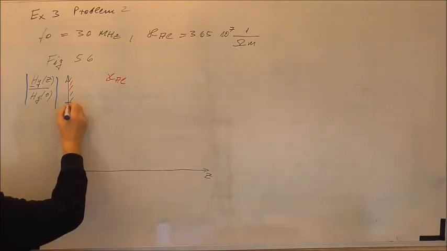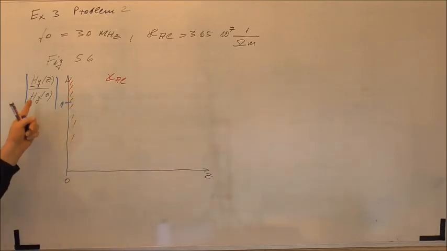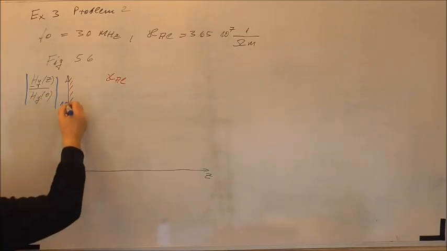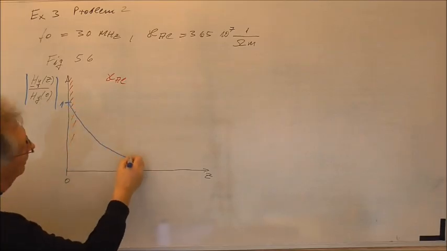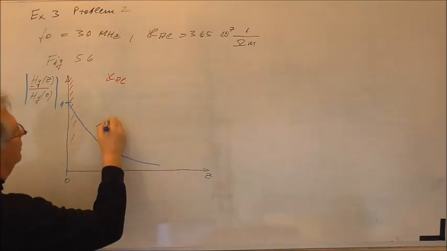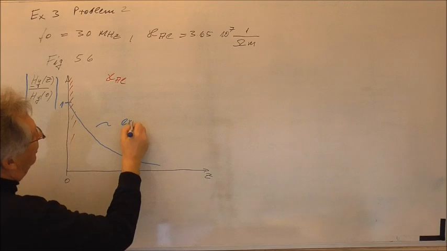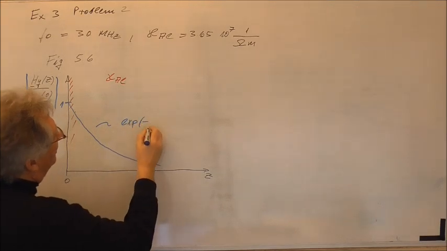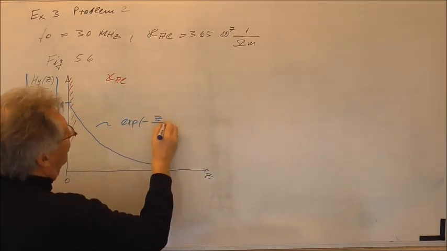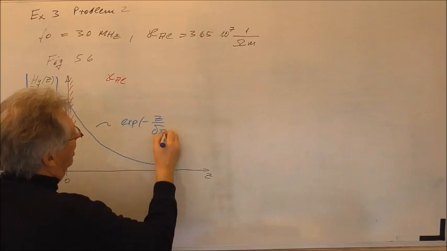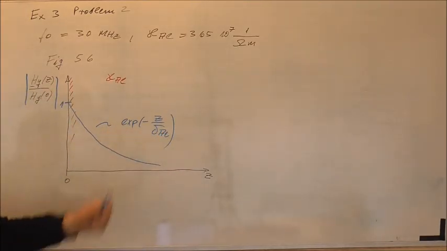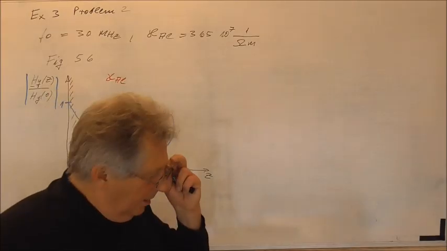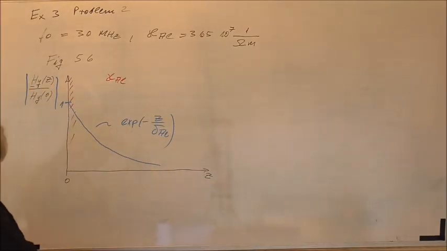So we will have here a 1. At the surface you have this value, and then it drops by an exponential function like this. This is proportional to the exponential function of minus z over delta RL, so it decays according to this exponential function into the material.